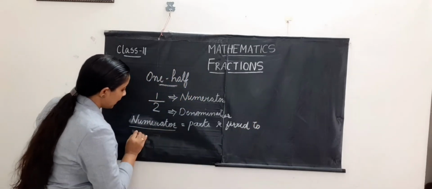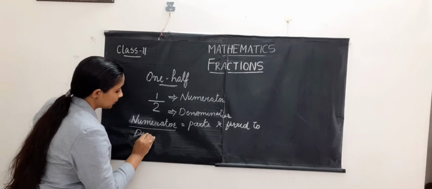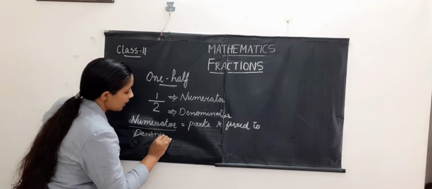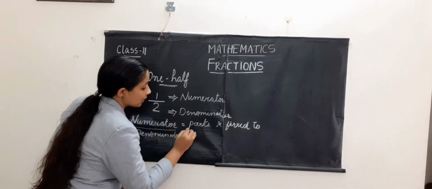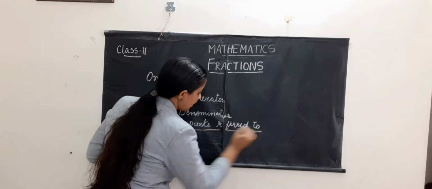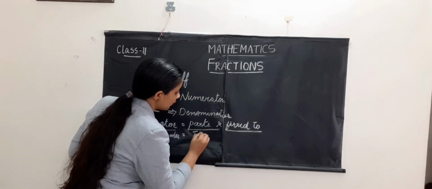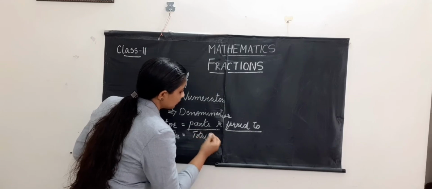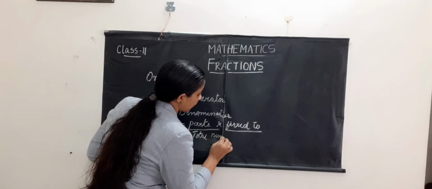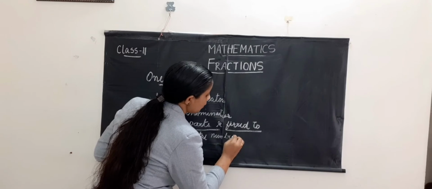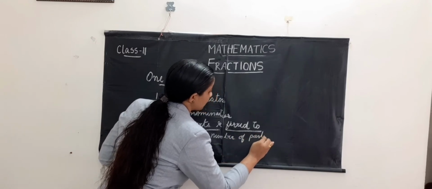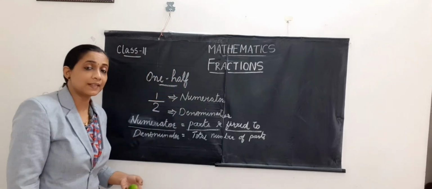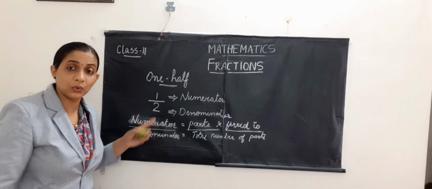And in the denominator, you will write the total number of parts. 1/2 is read as one half.